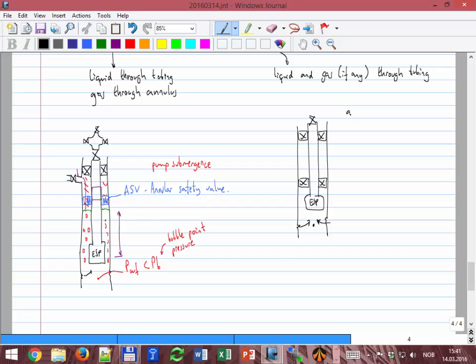So, gas. Okay, you have the pump, that means performance: it can lift much less.